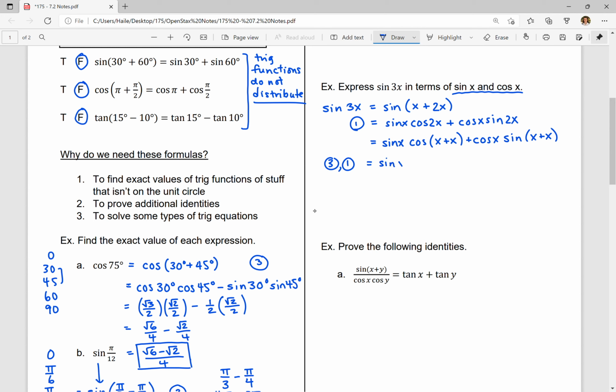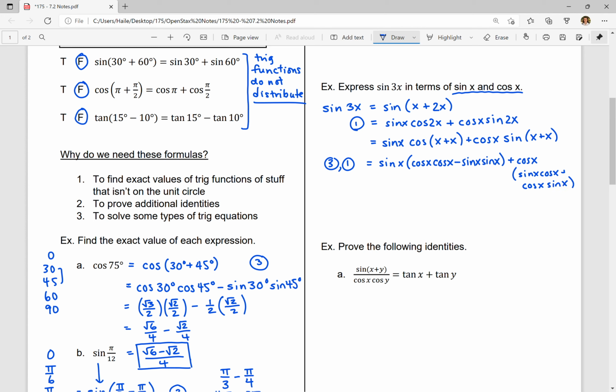So this will turn into sine of x, and then we're going to open a parentheses, and cosine of x plus x is going to be cosine of x cosine of x minus sine of x sine of x, and then we'll have our plus cosine x, and then sine of x plus x, I'm going to open another parentheses, will be sine of x cosine of x plus cosine x sine x.